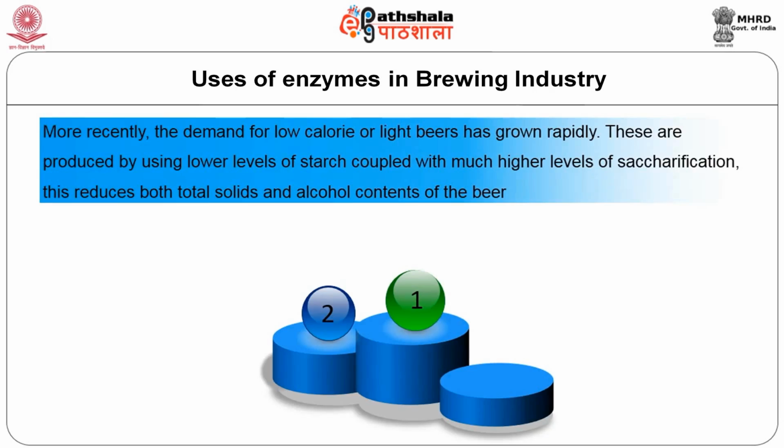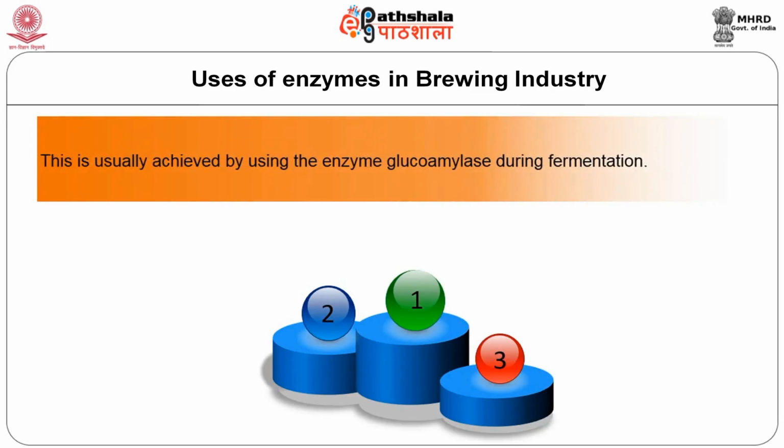These are produced by using lower levels of starch coupled with much higher levels of saccharification. This reduces both total solids and alcohol contents of the beer. This is usually achieved by using the enzyme glucoamylase during fermentation.